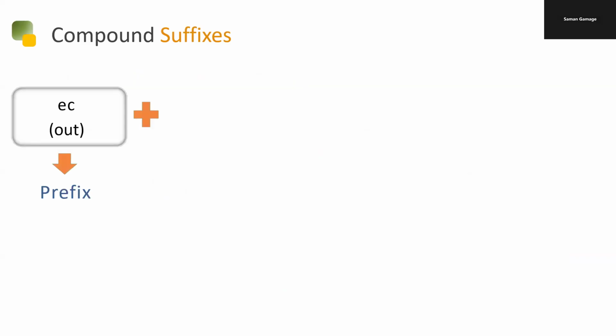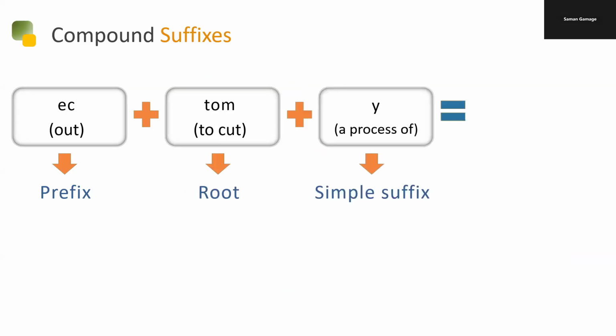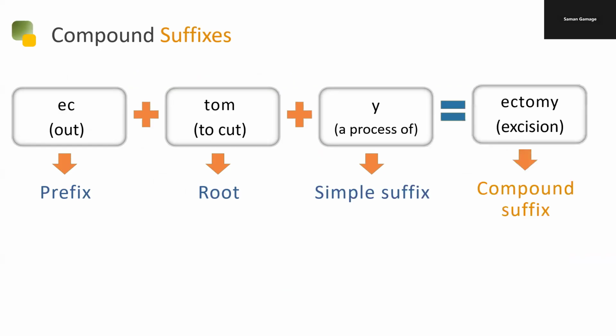Another example of a compound suffix: ek means out, and this is a prefix. Tom means to cut, it is a root. Y is a process of, a simple suffix. So when you combine prefix, root, and simple suffix, it gives ectomy. Ectomy means excision, which is a compound suffix.